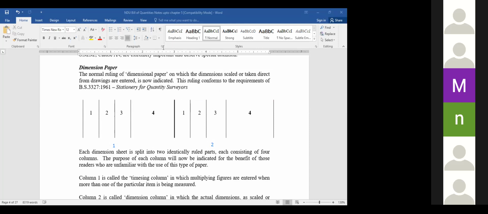This here is 1 page, and this here is another page. In that case, I'm able to save space.